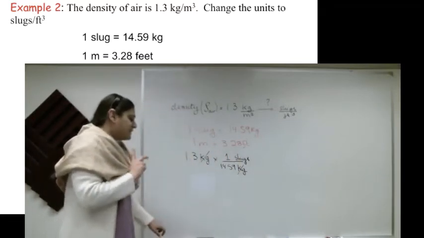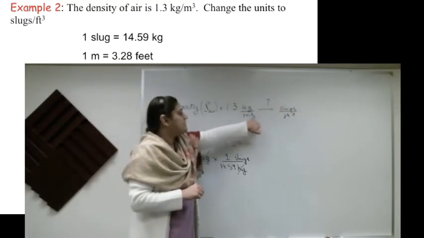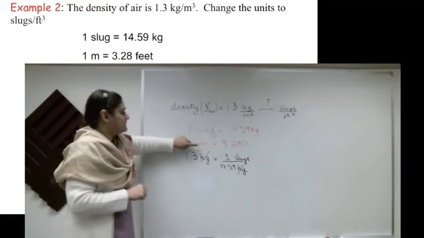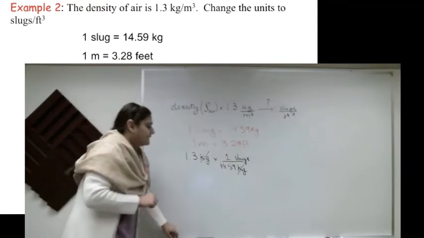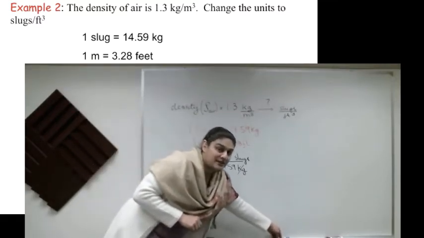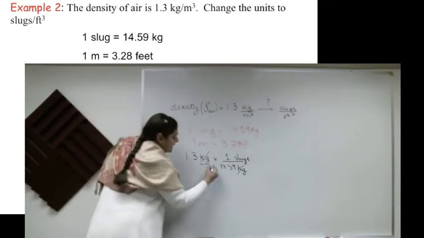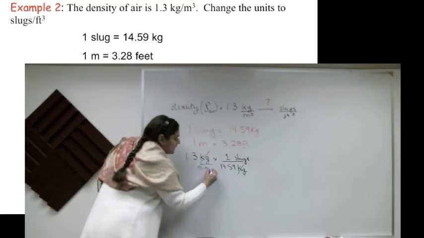Step 2. I need to convert meters cubed to feet cubed, given that 1 meter equals 3.28 feet. Now this becomes a little bit tricky, so be very careful when you're doing something like this. Instead of writing meter cubed, I am going to write meters, dot meters, dot meters.